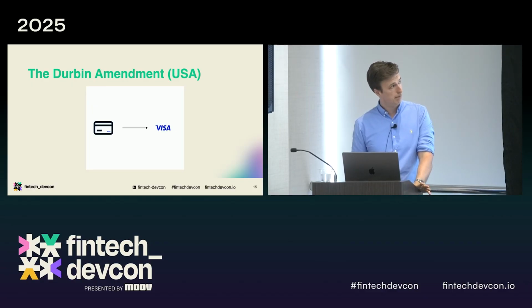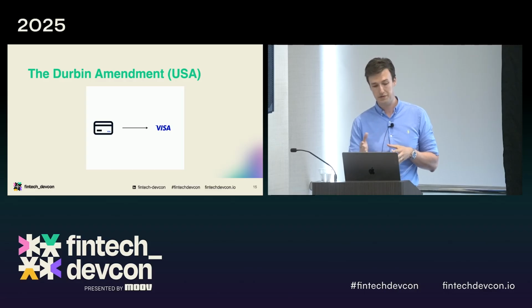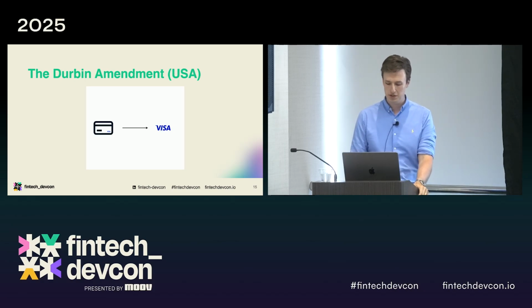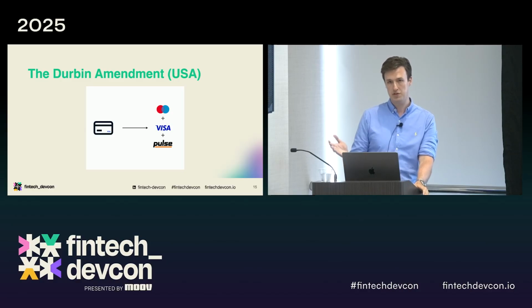Now, generally, we know which scheme is on our card, right? Because there's a logo on the card. So for example, this one is a Visa card. But there might be hidden schemes on your card. So especially in the United States, when we're talking about debit cards, there is an amendment to federal law that has gone into effect recently which mandates that every card that has a signature network on there, every debit card that is, must also have an unaffiliated network on the card as well.